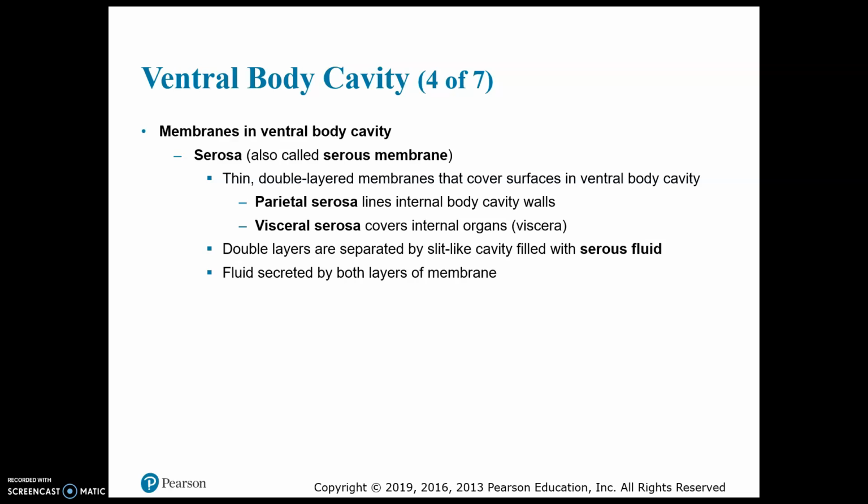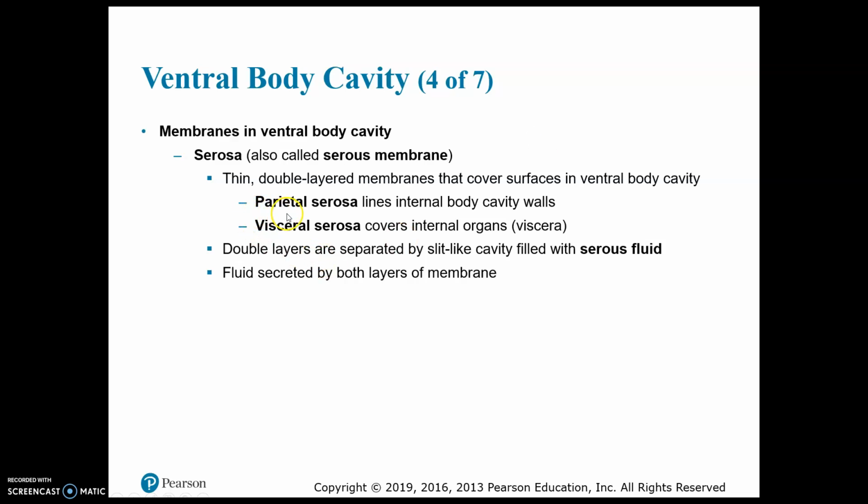Okay, we need to know the membranes in each ventral body cavity. The membranes are called serosa or serous membranes. We're going to learn other membranes like mucous membranes, but these are serous membranes, and there are three. There is the pleural membranes, or the pleura, the pericardial membranes, and the peritoneum, the pericardium and the peritoneum.